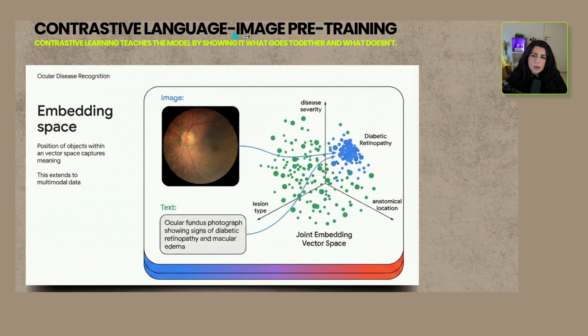CLIP stands for Contrastive Language-Image Pre-training. In contrastive learning, we teach a model by showing it what goes together and what doesn't. For example, if I have a number of pens, a number of markers, and then maybe some permanent markers, they're all writing stuff.